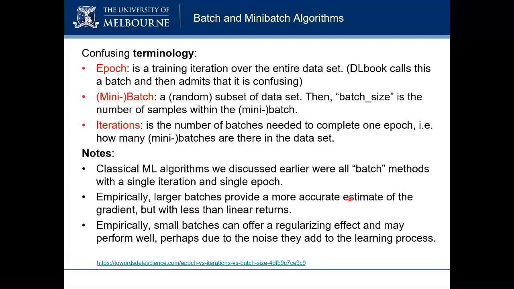Small batches make a mistake, so they don't give you the perfect estimate of the gradient, but that can paradoxically be an advantage. Because with a small batch size you get a very noisy estimate. The smaller you make it, the noisier your estimate gets.